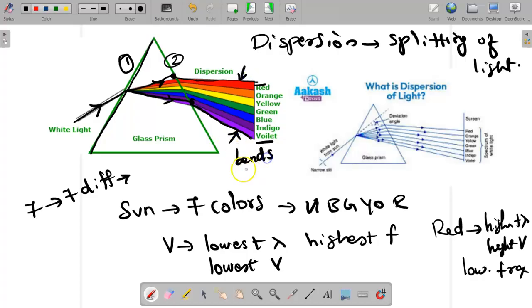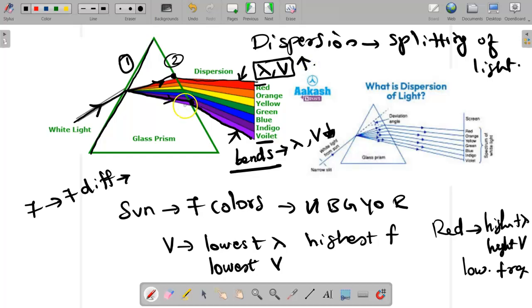They will ask the question, why does violet bend more? You have to say the wavelength and the speed of violet are very low, so it bends more, and the red color bends less because just the opposite, the wavelength and the speed are higher.